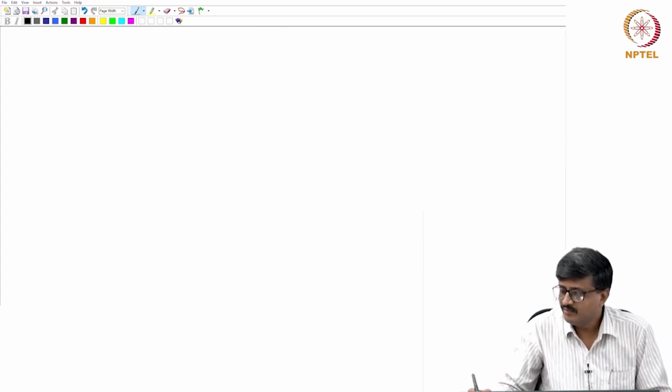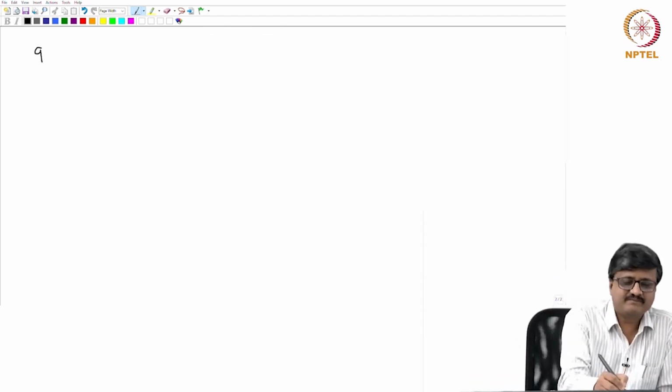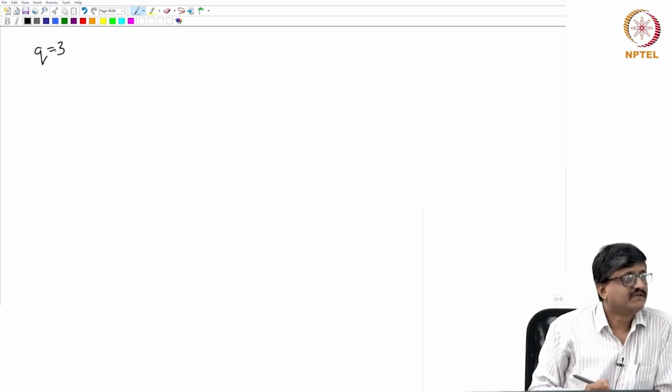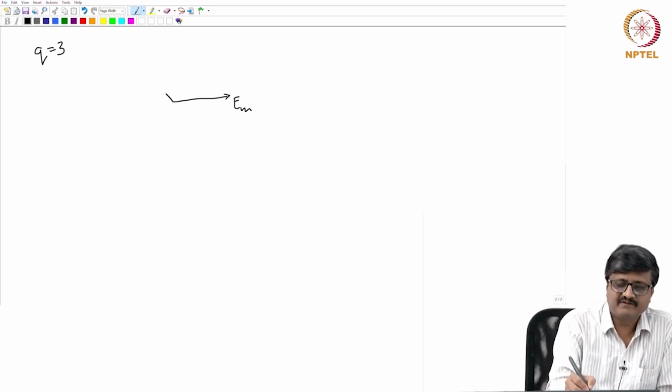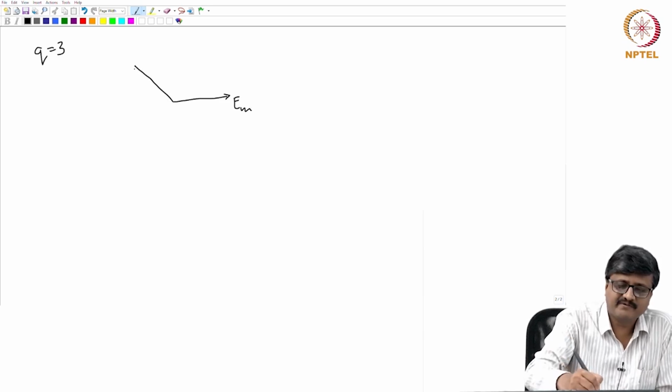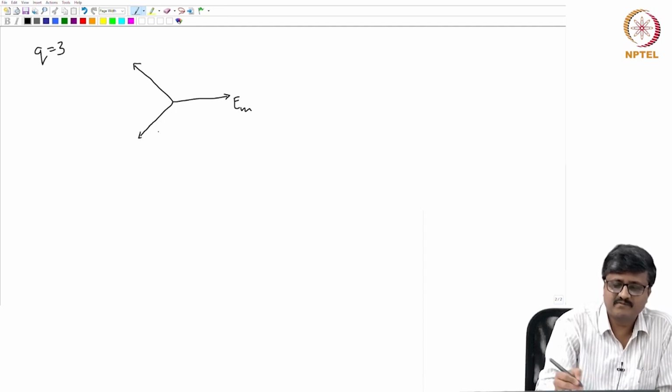Now, let us go to Q equal to say 3. I can again draw the phasor diagram. There are 3 phasors, Em is the peak value and the angle between any 2 of these 3 phasors is 120 degrees.